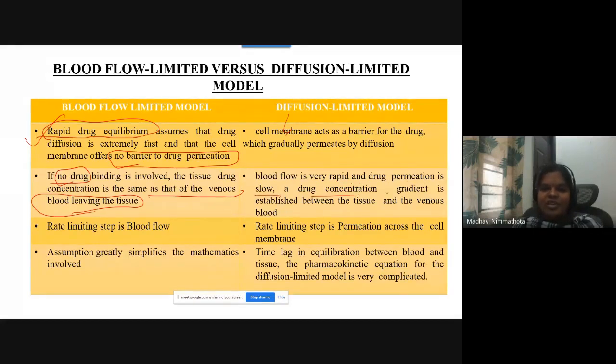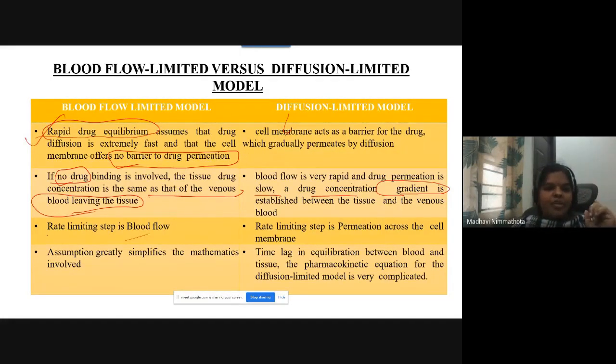A drug concentration gradient will be developed. You just remember one thing: whenever drug molecules are diffused through the cell membrane, they develop a concentration gradient across the cell membrane. With that concentration gradient, your drug molecules will enter into the systemic circulation, as we learned under the absorption topic.